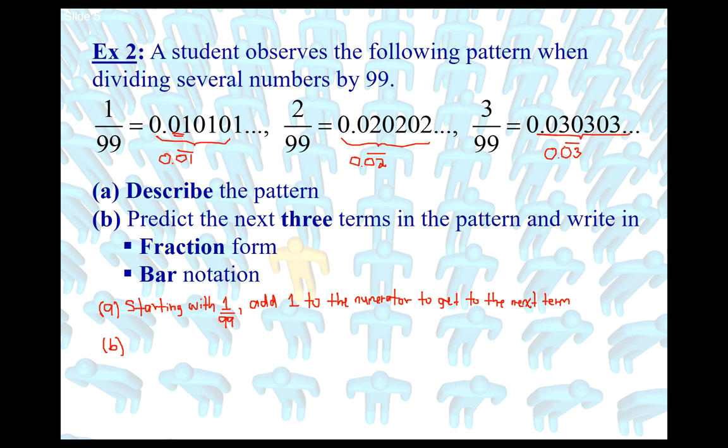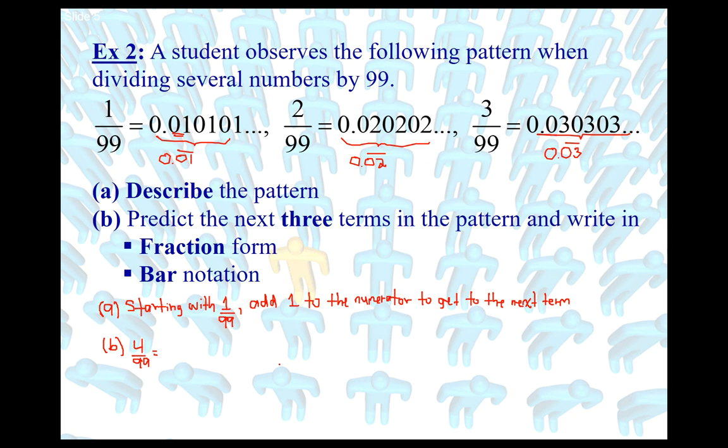Okay, so it shouldn't be too bad to identify the next three terms in the pattern. The last one we're at is 3/99, and to get to the next term, we need to add 1 to the numerator. So the next one is then going to be 4/99. And 4/99, look at the pattern with the repeating decimal. All that's happening is we're adding 1 to the hundredths position.